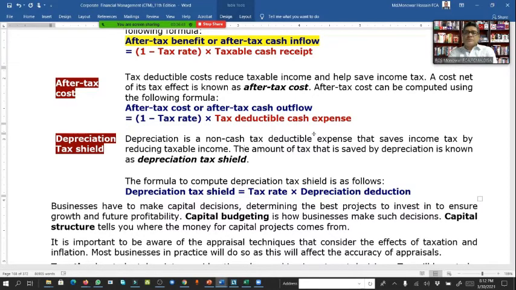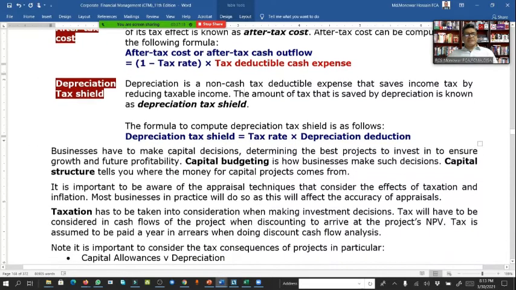For example, if we take a loan from the bank, the interest or bond interest is a deductible cash expense. Here there is tax saving, because the tax authority allows it as an expense, so that's why it is a deductible cash expense.